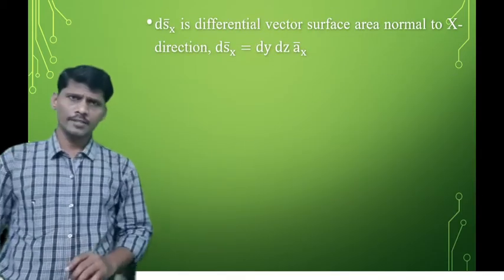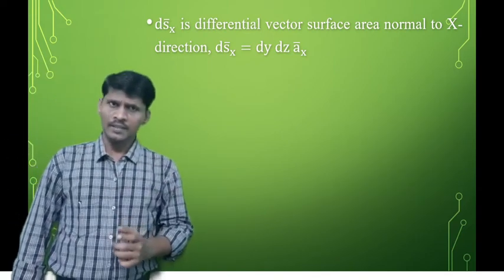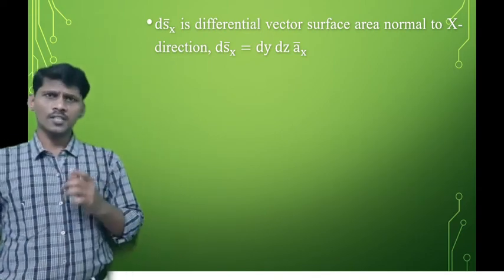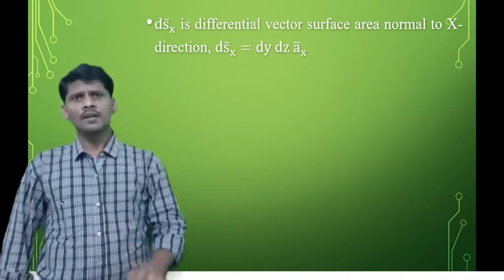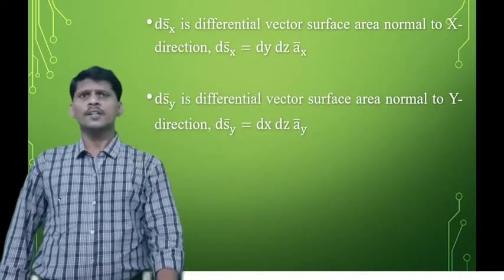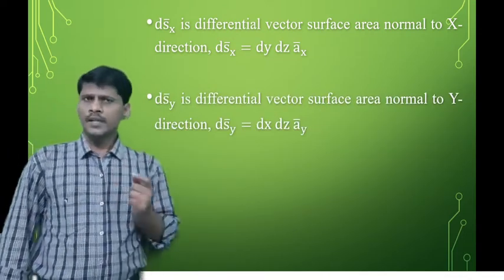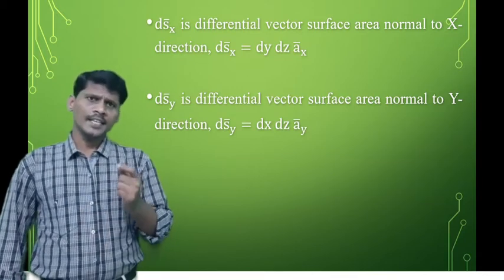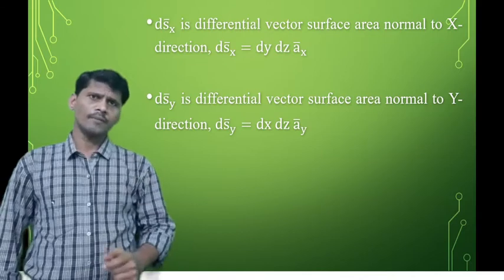ds x bar is the differential vector surface area in x direction, and it is given by ds x bar is equal to dy dz into ax bar. ds y bar is the differential vector surface area in y direction, and it is given by ds y bar is equal to dx dz into ay bar.